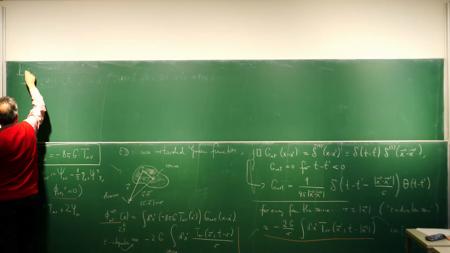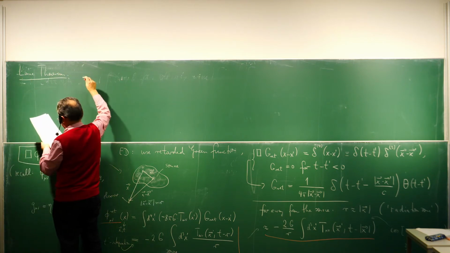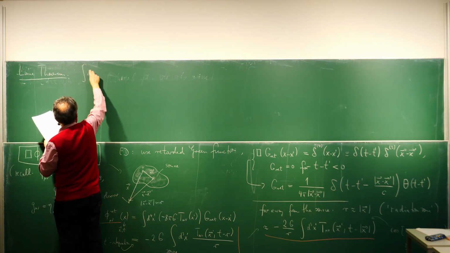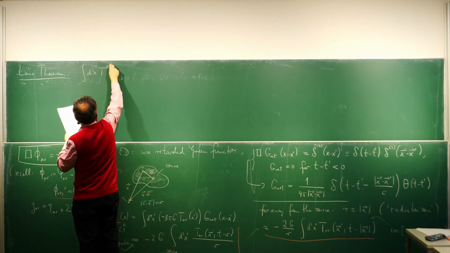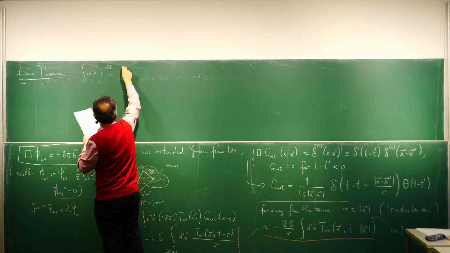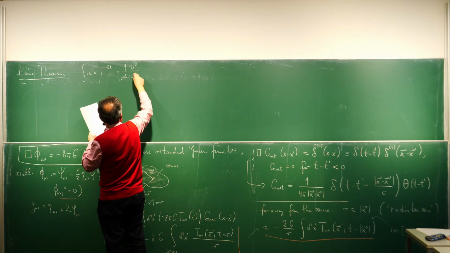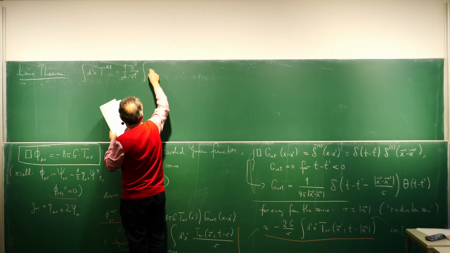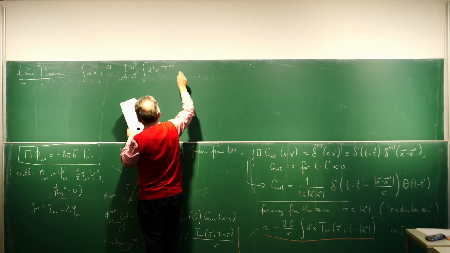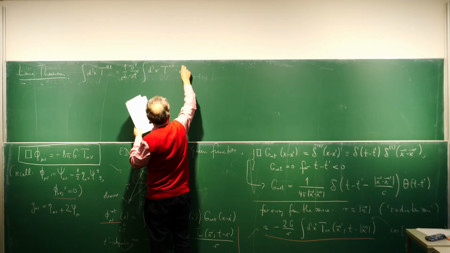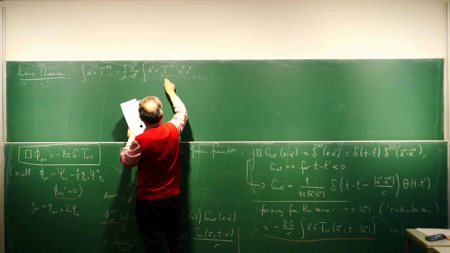So there is the Laue theorem, and it says that the spatial integral over T kl, so these are the spatial components, is 1/2 d squared over dt squared of the integral d3x of T00 times x_k times x_l, and the T00 is the energy density rho.